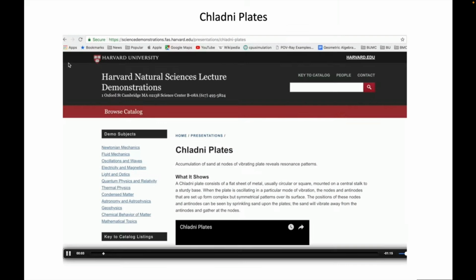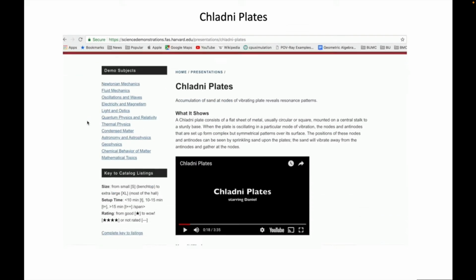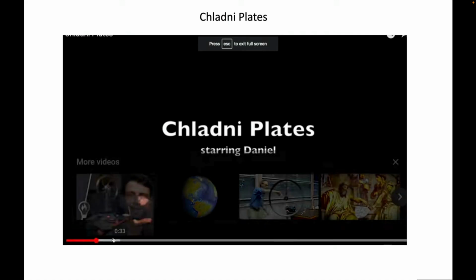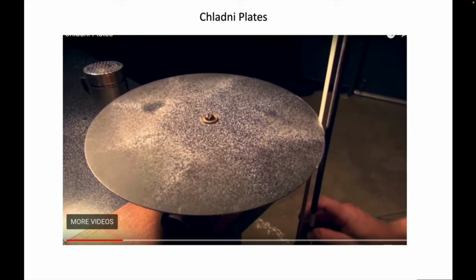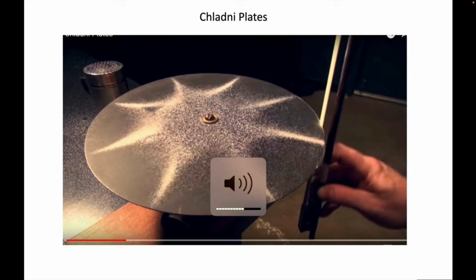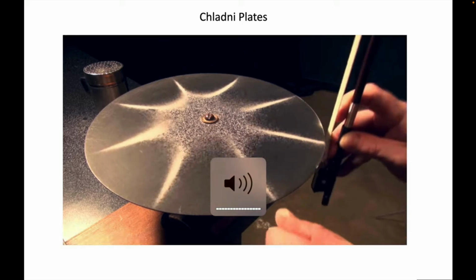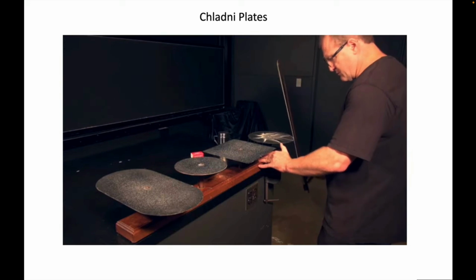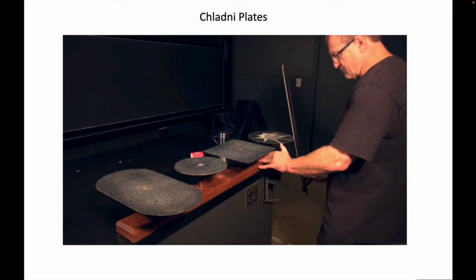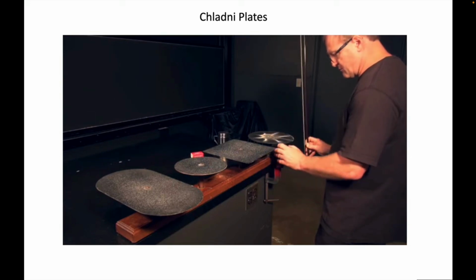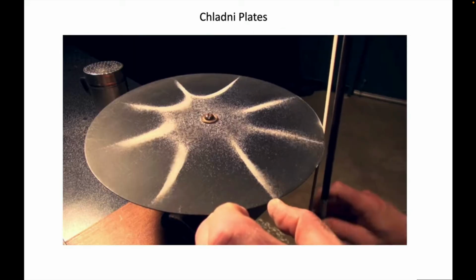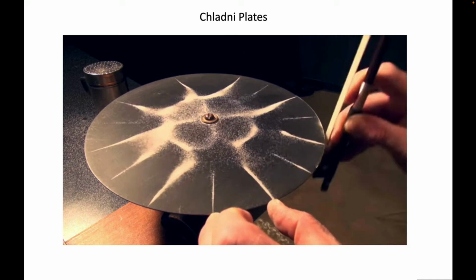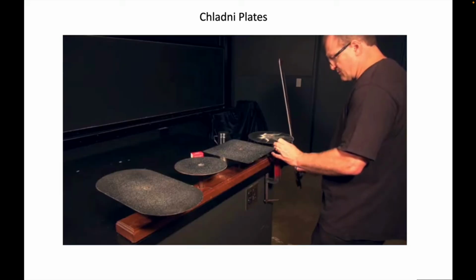Here's the Harvard Natural Science lecture demonstrations for Chladni plates, starring Daniel. Notice how he touches a plate to create a node. Here he's putting 2 points right next to each other. That creates a very high frequency harsh sound.